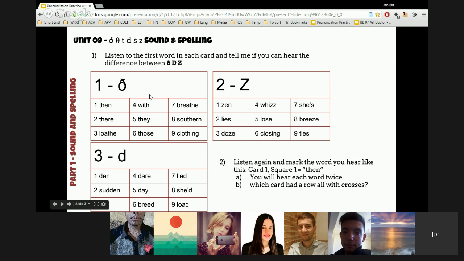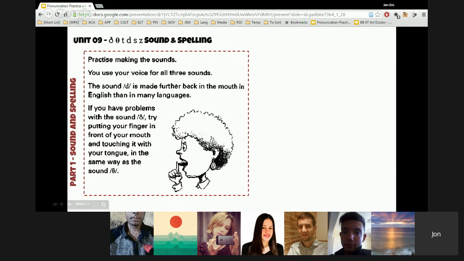Here's a quick trick. TH for us Brazilians is very hard. It is. Let me show you a trick. As you can see, use your voice for all three sounds, the D, the, and th sound, but the sound D is made further back in the mouth. That's the difference.